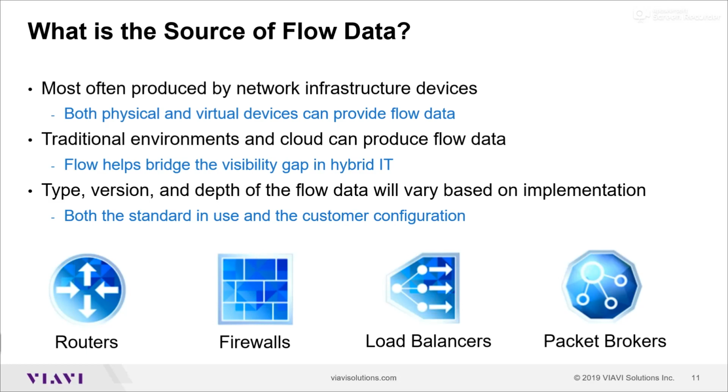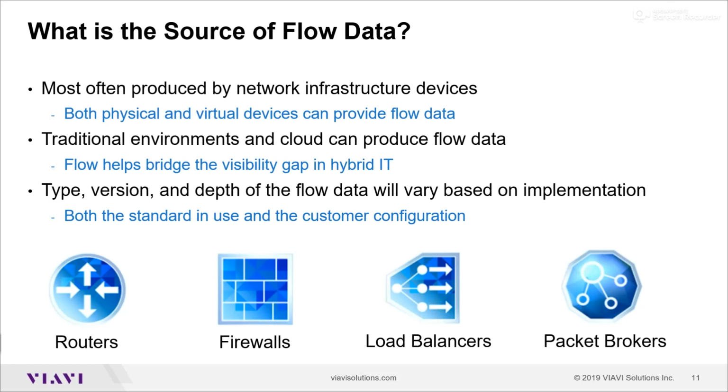And so, generally speaking, you're going to have a lot of consistency. That's one of the values of flow: it works very seamlessly in both the traditional and the evolved hybrid IT environments. As far as the information that you're going to get from flow, it's not often tied to the type of device. It's more often tied to what the manufacturer has chosen to do and what level of resource you're willing to attribute to the flow generation.